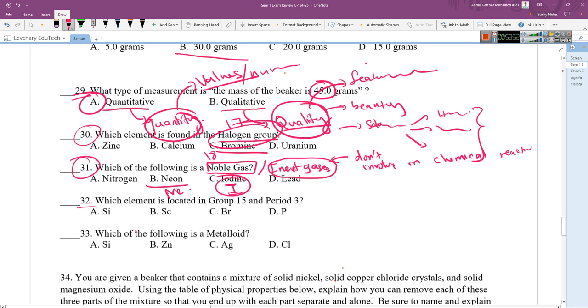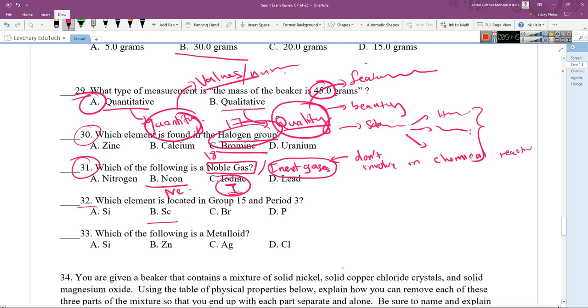Let's see on my periodic table. It's D, phosphorus.